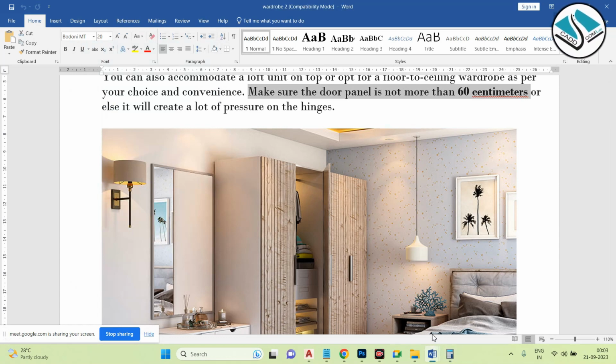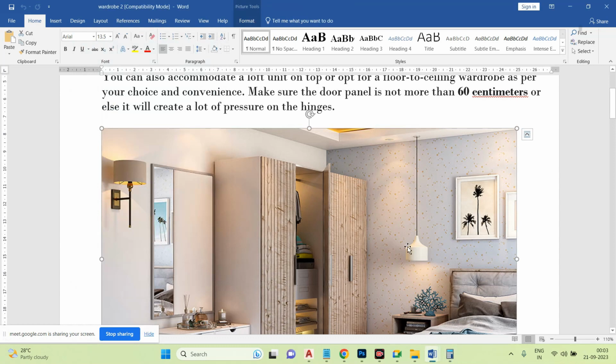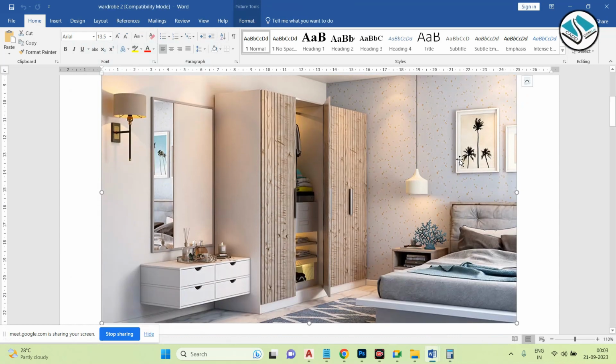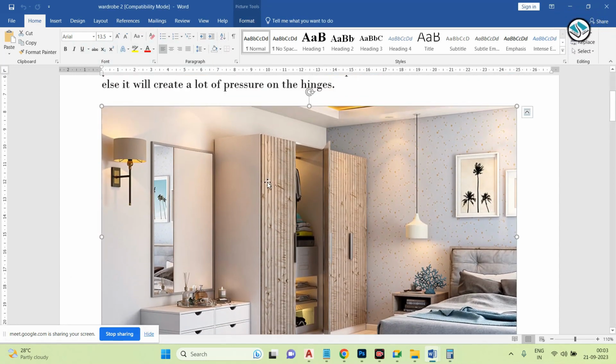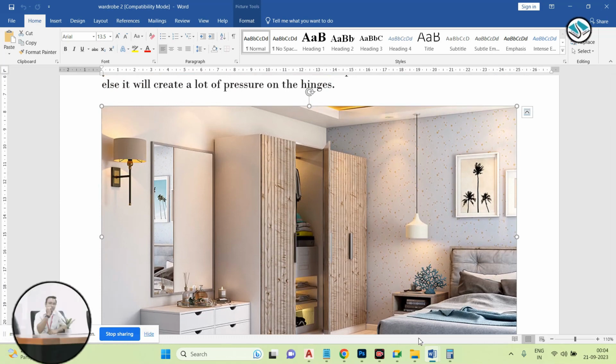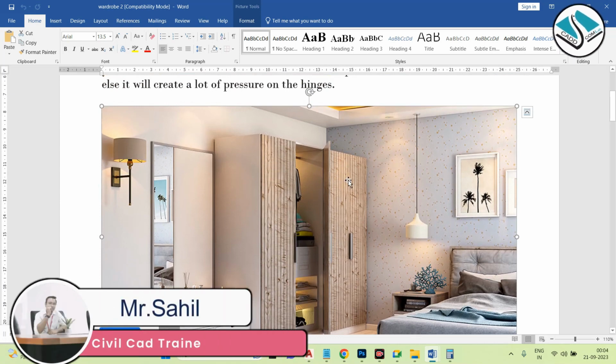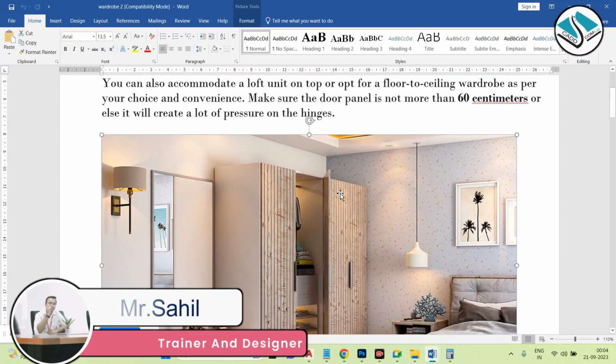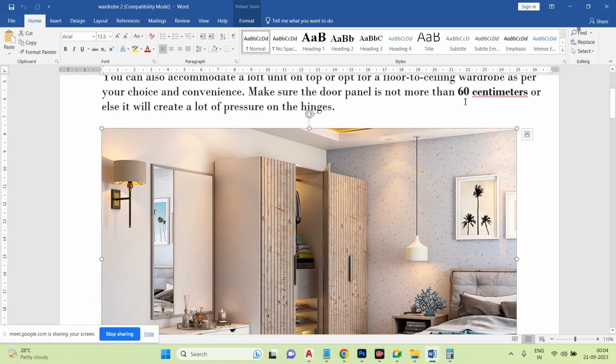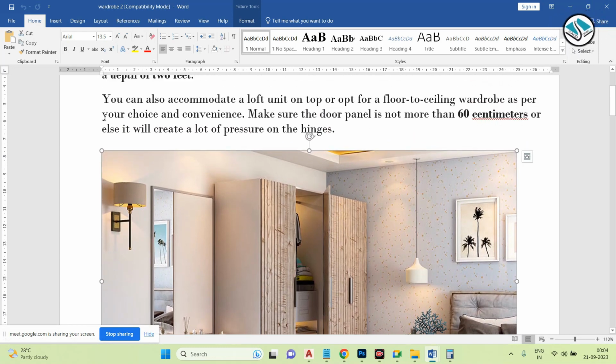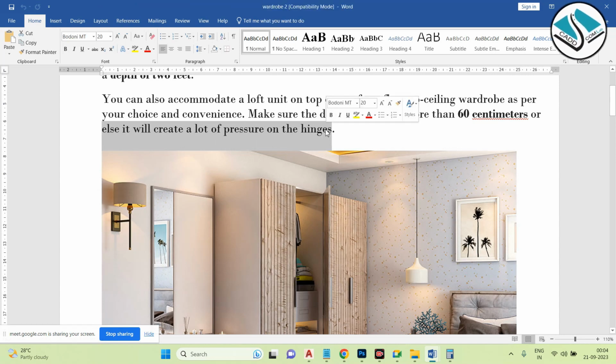If I mark on this, you can see my cursor. This is the first, second. So the limit of this panel is 60 centimeters. Standard 60 centimeters is enough. The reason is it will create a lot of pressure on the hinge, so that's why we use the 60 centimeter standard.